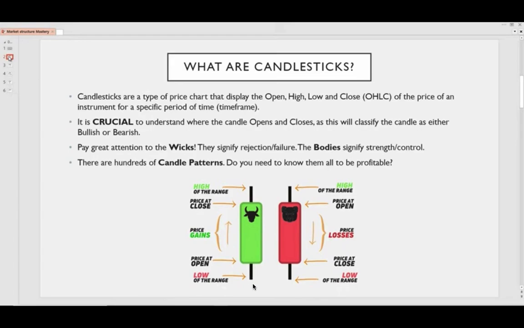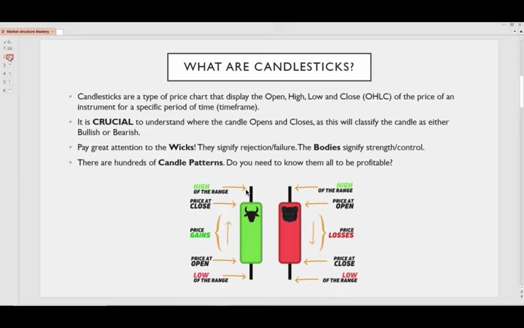This wick you are seeing is the low. Here is the open. That means the market opened, then it went down a little, then it started going up. Here is the high of this candlestick in that time frame.